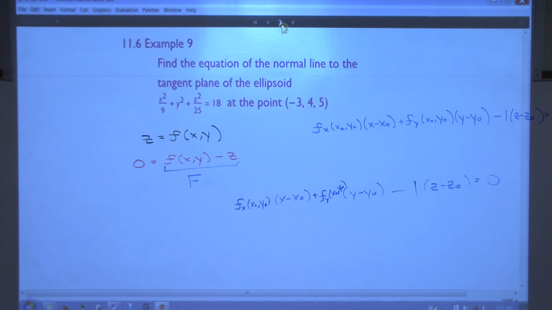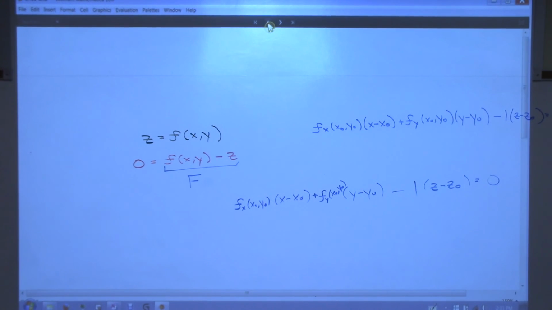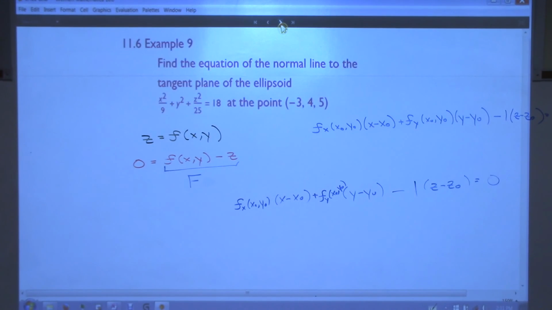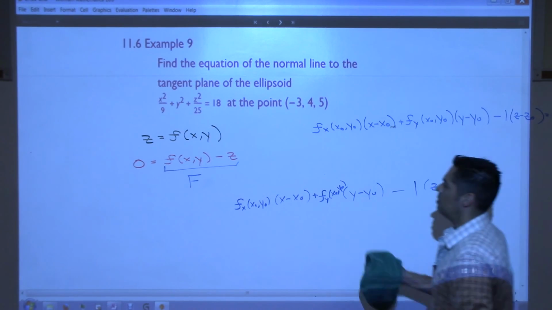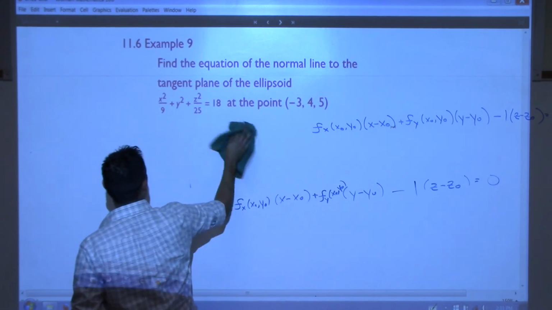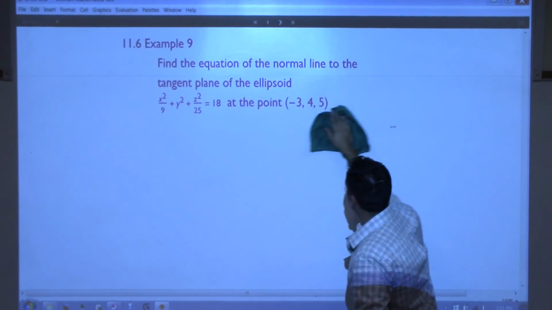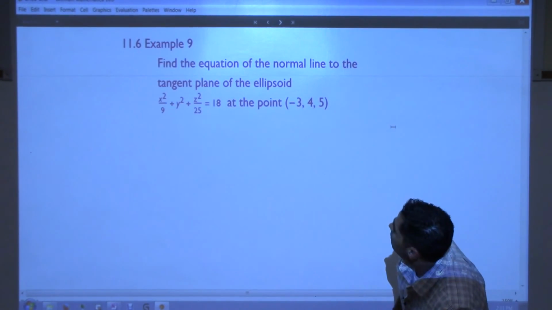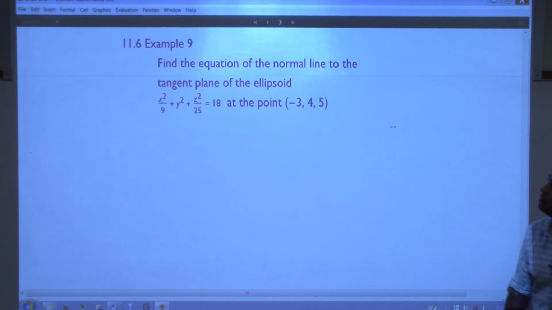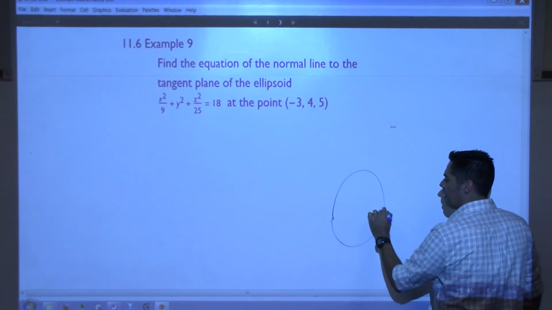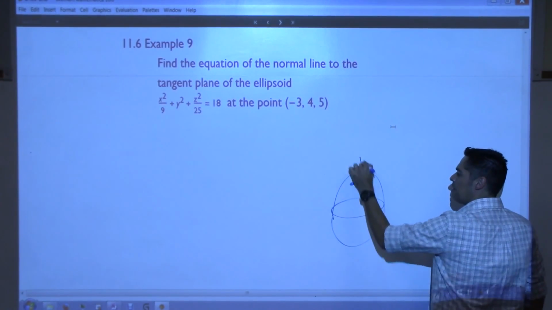One more thing to talk about. Was that the same problem? Yes, that's the same problem. Look at the directions. These are a little bit different than what we just did. Find the equation of the normal line to the tangent plane of the ellipsoid. So we have the same picture we just did a second ago. We had an ellipsoid. We picked a point. We found the tangent plane.